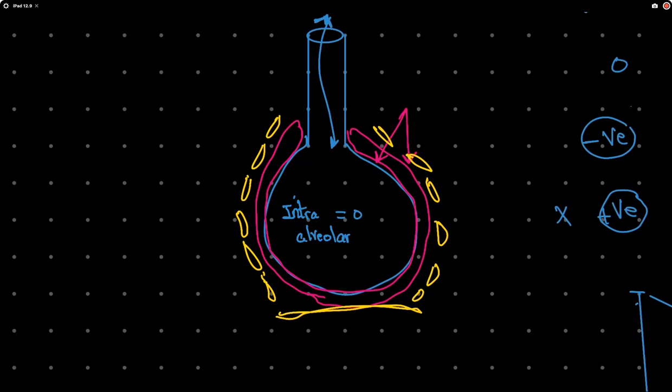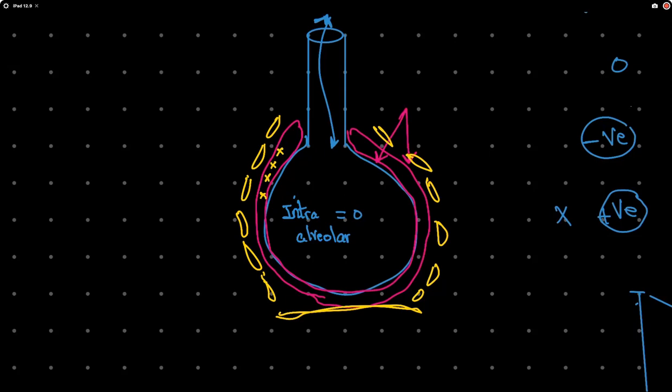On the outside of the lungs, I have the pleura, the two layers of the pleura. Always there is a tendency to increase the volume of the space between the two layers of the pleura. What does this mean?